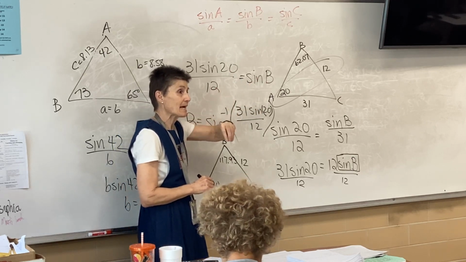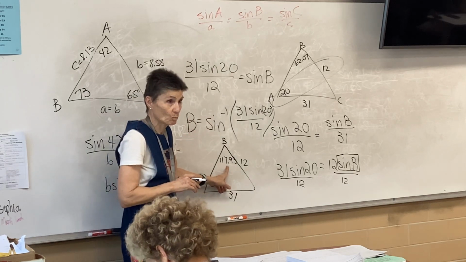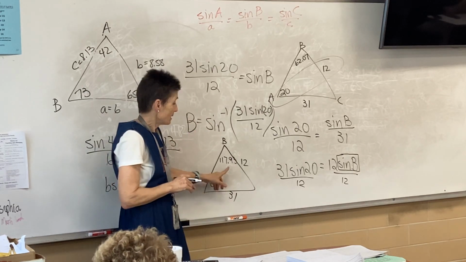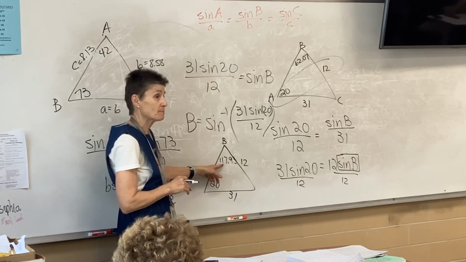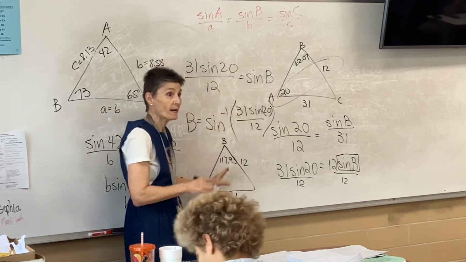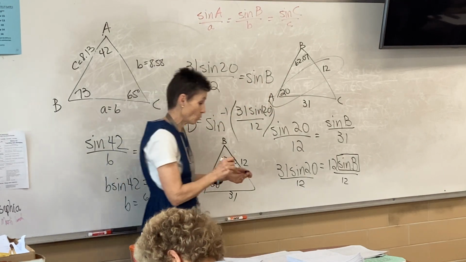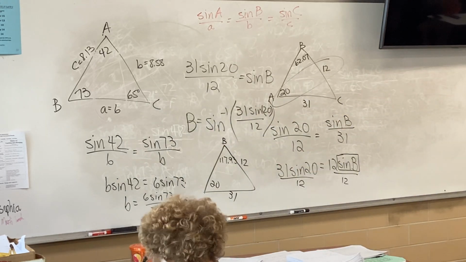If there is a second answer, it's just 180 minus the first one. That triangle is fine. Those add up to less than 180. So there are two triangles possible for question number 1. We'll talk more about that on Friday, but that's it for now.